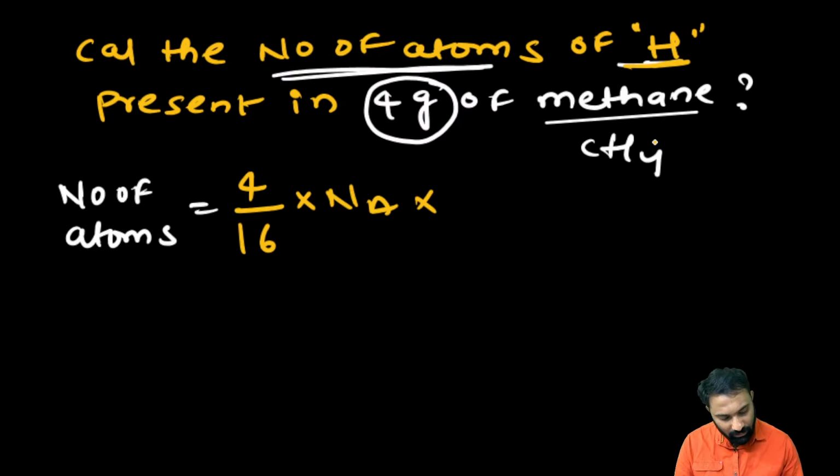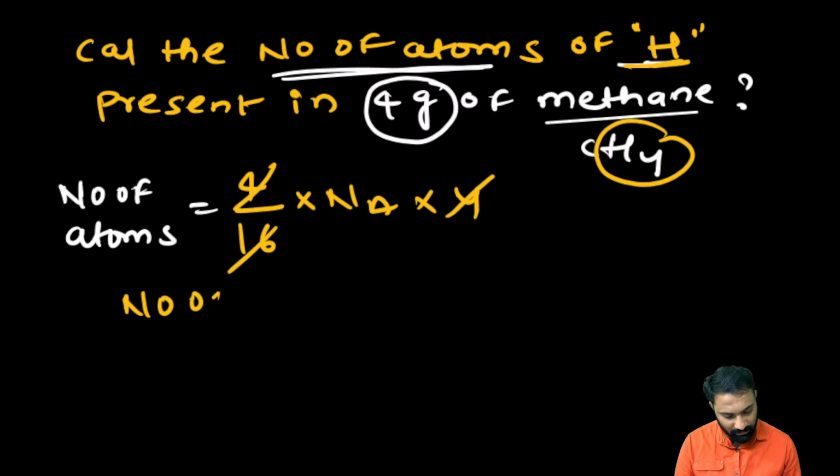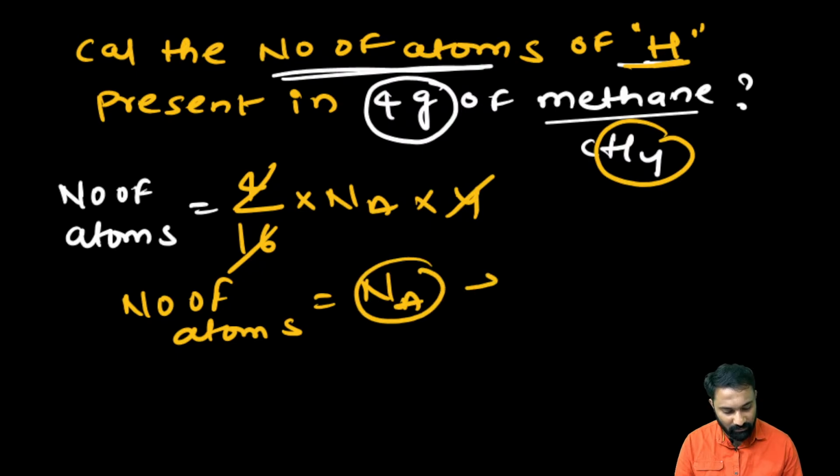Hydrogen atomicity in methane is 4, so 4 and 16 get cancelled. The number of atoms will be equal to Avogadro number. That Avogadro number of atoms is present in 1 mole. The answer is 1 mole.